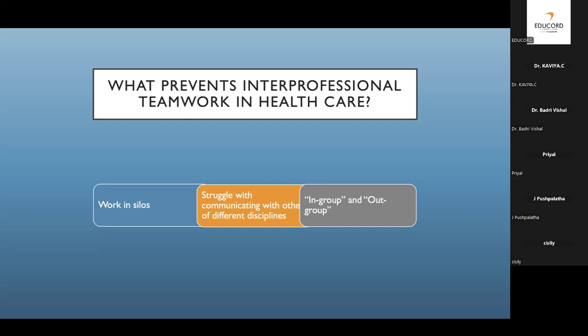Then people will struggle with communicating with others of different disciplines. Now this is one thing which commonly occurs in the Indian scenario, but I'm saying the problem is with everyone. The doctors are prescribing physiotherapy, it's not their forte. We are specialized in managing the patients. If the doctors are prescribing the machines, the patient is getting only symptomatic relief.